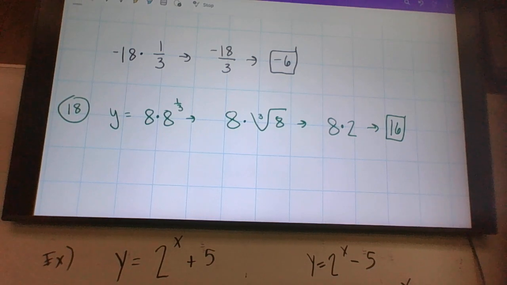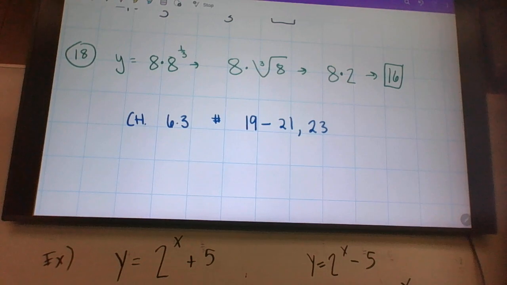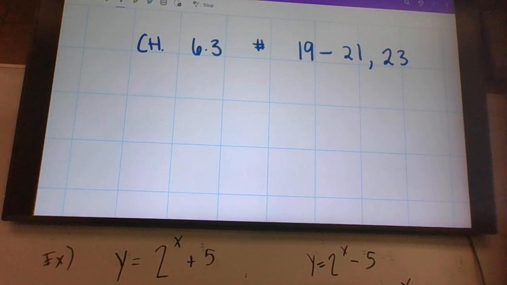Alright, let's start today's assignment. I don't know, it's just like the next page. What page is it?